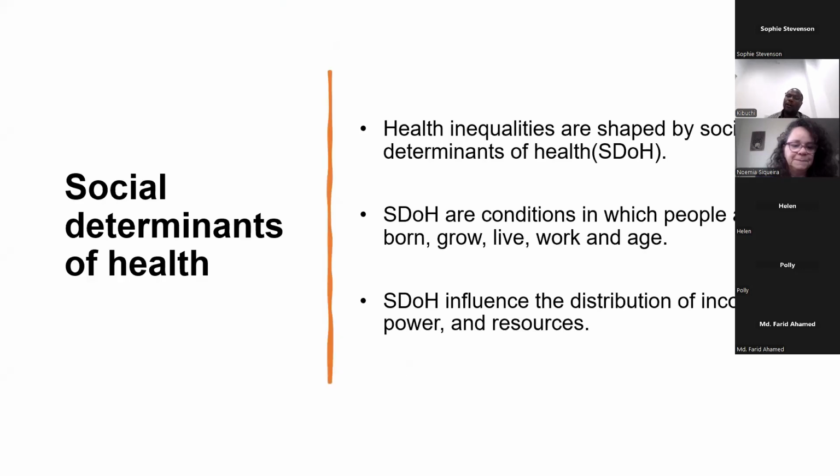When we look at health inequalities, it's usually good to approach this from the perspective of social determinants of health, which are the conditions in which people are born, grow, live, work, and age. Going back to the example of a child born in slums, let me give an example from ARISE, where we are working in several slums. Let me use Cockle Bay in Sierra Leone.